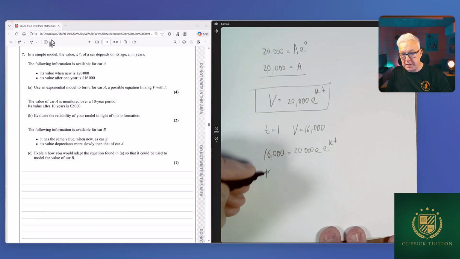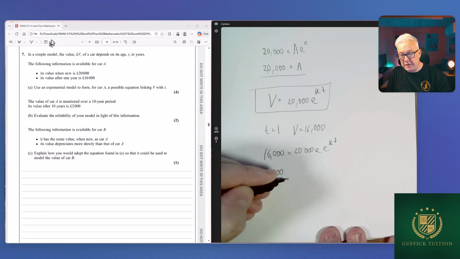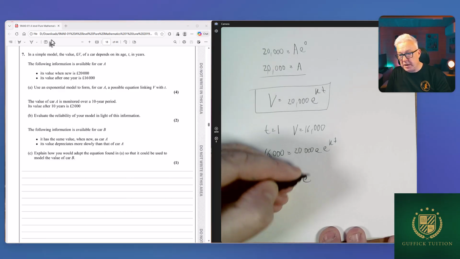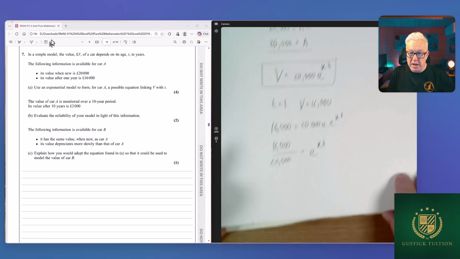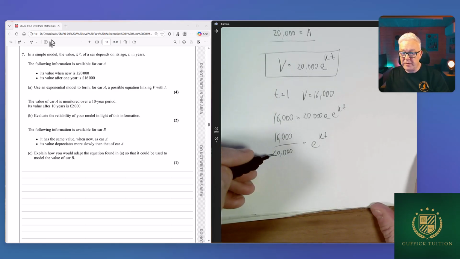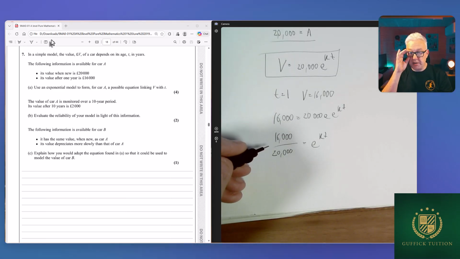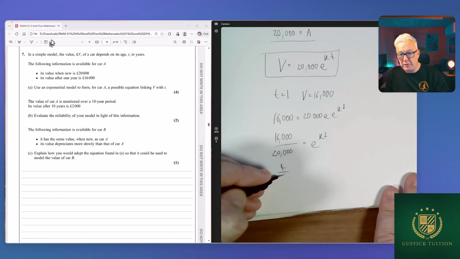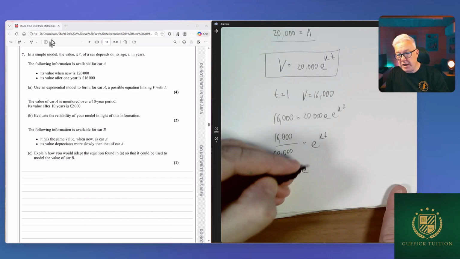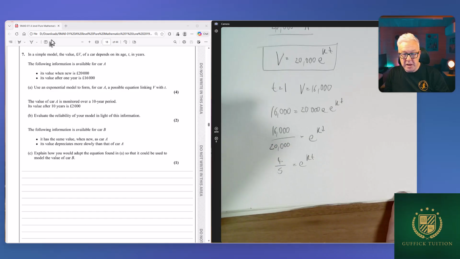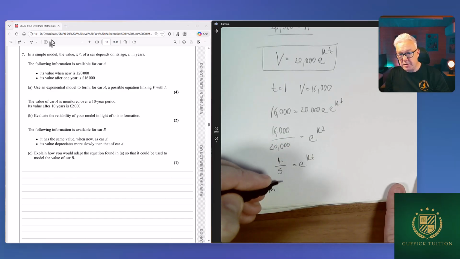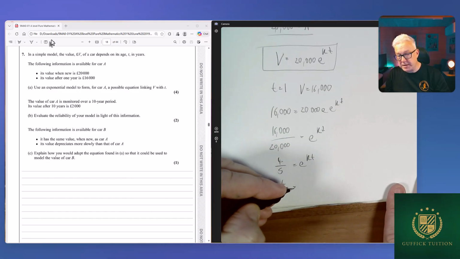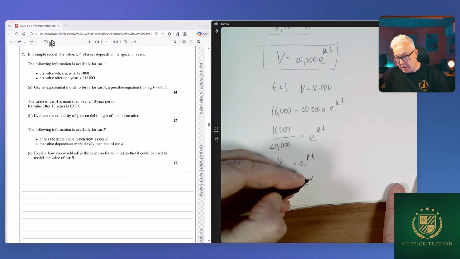So we're going to do 16,000 divided by 20,000, which is 4/5, so that gives us 4/5 is equal to e to the kt. So let's take logs of both sides, so natural log of 4/5 is equal to kt.